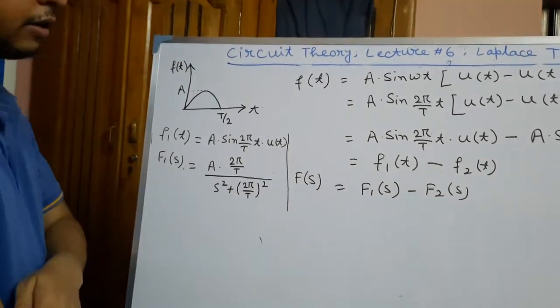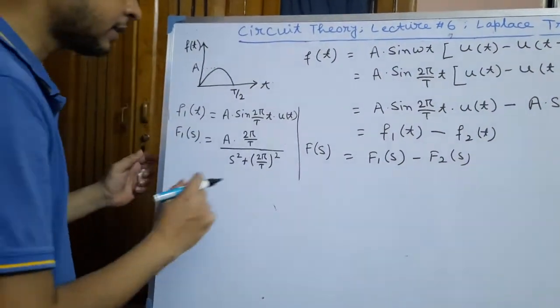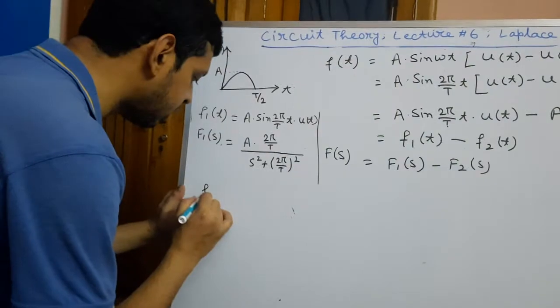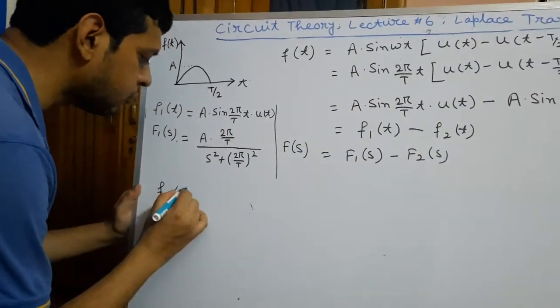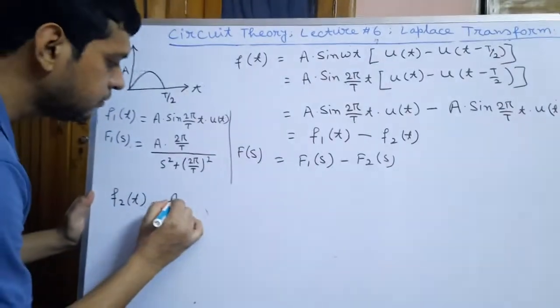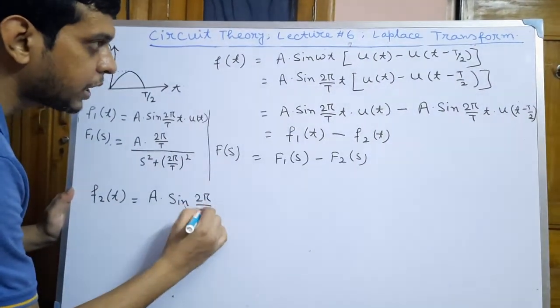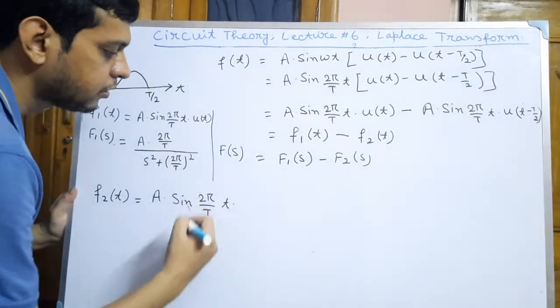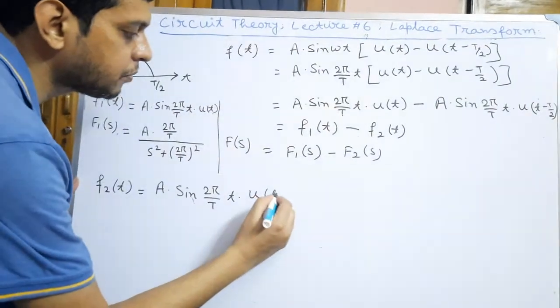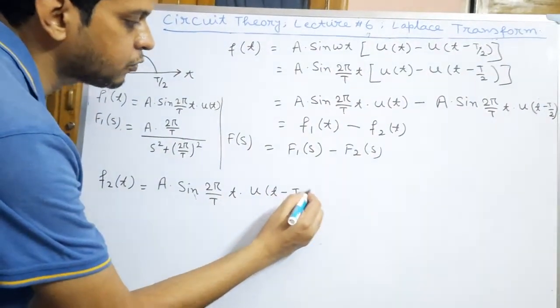Whole square. Now let us take f2 separately. f2(t) equals A sin(2π/T)(t − T/2).